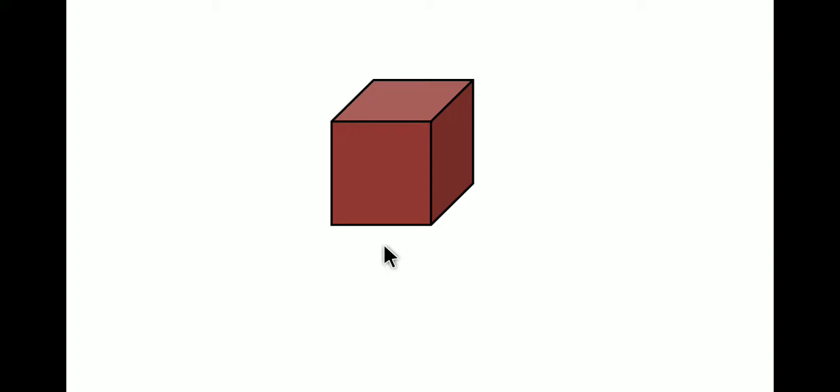Okay, so there are six faces, and the cube has its length, its breadth, and its height all of the same value. So let's say that all these length, breadth, and height are 1 centimeter each. This is 1 centimeter, this is also 1 centimeter, and this is also 1 centimeter.